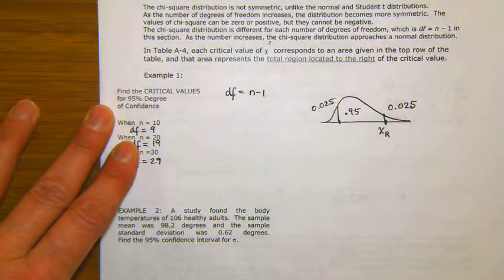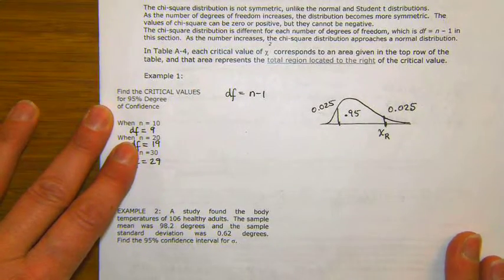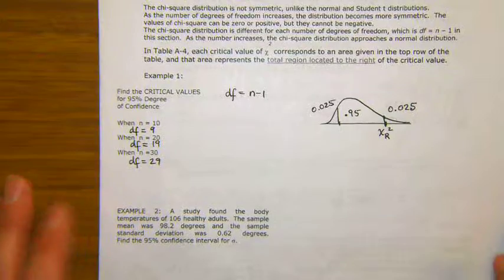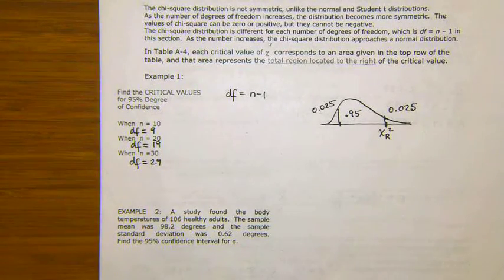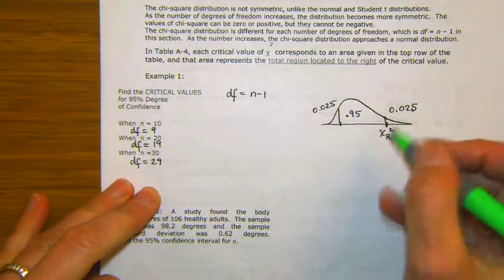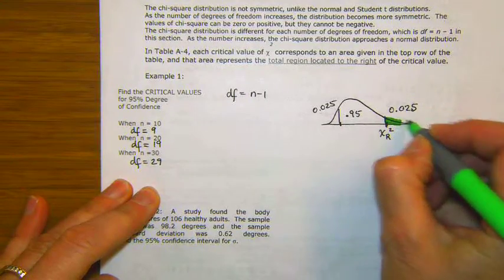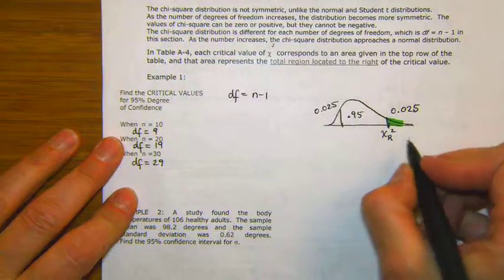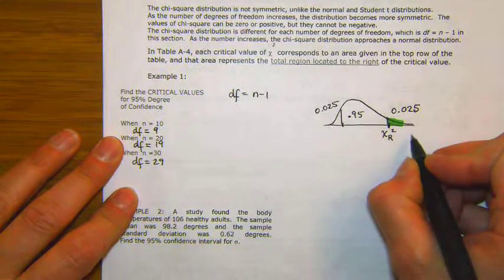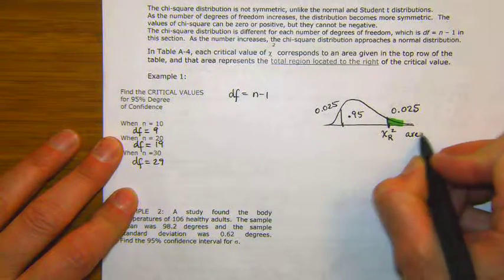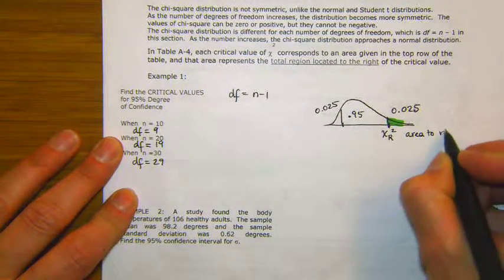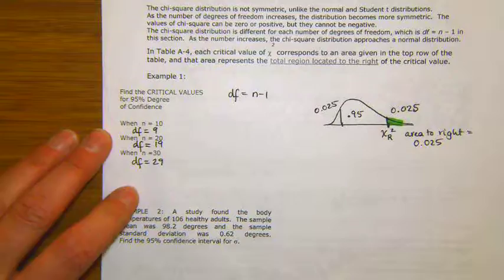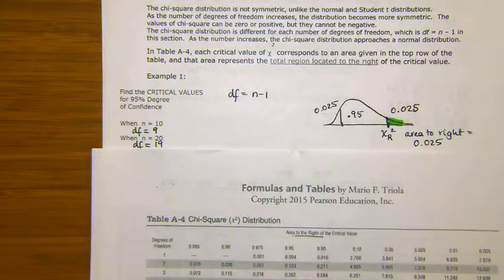And the chi is a Greek letter. It looks kind of like an X. And it is also a squared value. So since we're finding area to the right, our area over here is what? So our right chi-square value has what area to the right? Okay, 0.025. Okay, so let's see where we find that on the table.